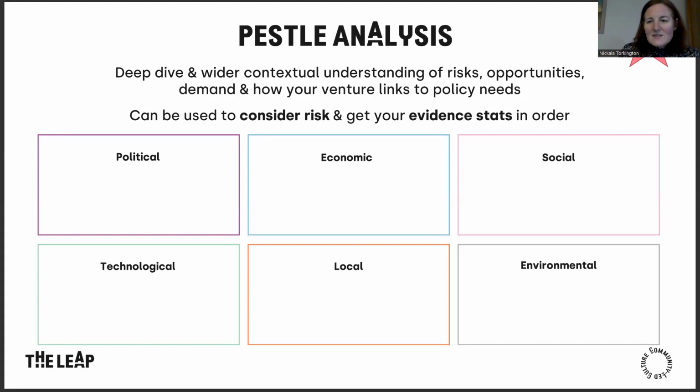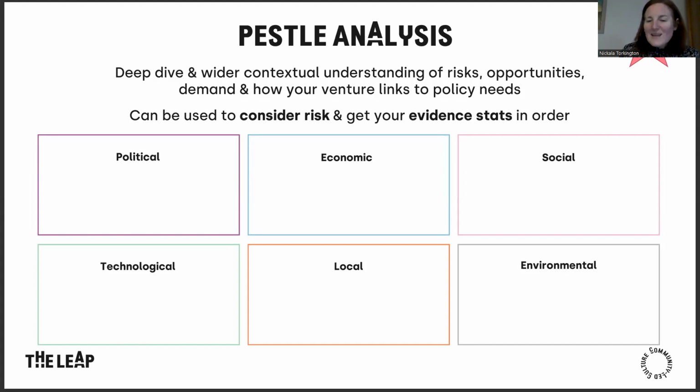So this PESTLE analysis is about thinking about the project and thinking about the political landscape and what your project does and doesn't do in terms of tie into political narrative, political needs, political tension, how it might benefit a problem right now.